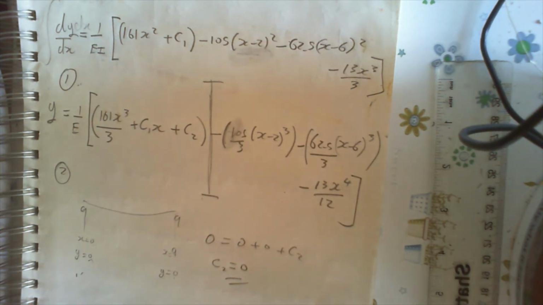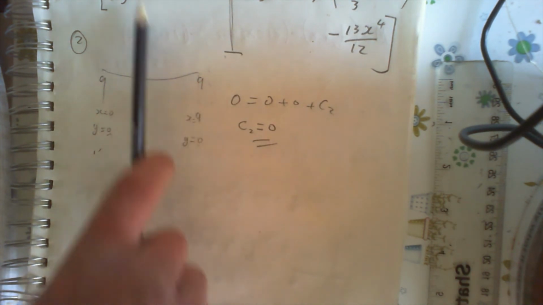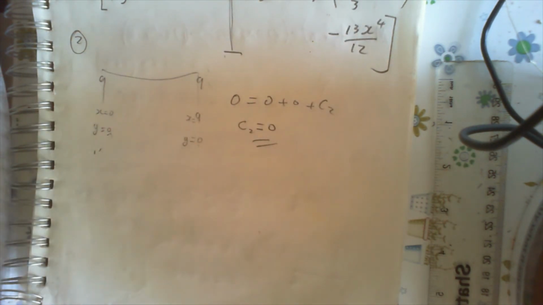The next thing we want to do is apply the second boundary condition, this one. In other words, we're going to plug 9 into all this, and we know that y is going to be 0, and we'll be able to figure out C1 from this.